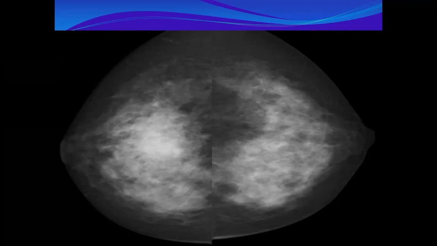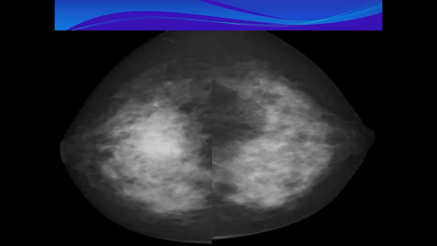Yes, there is a hyperdense area in the right breast. Excellent. Where in the right breast? Is this an MLO or CC view?